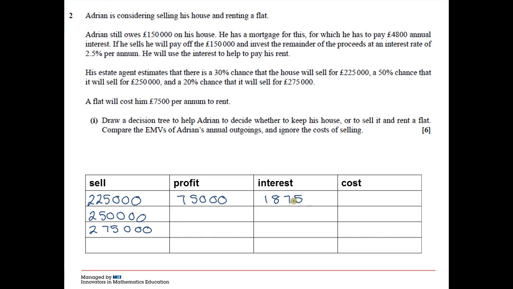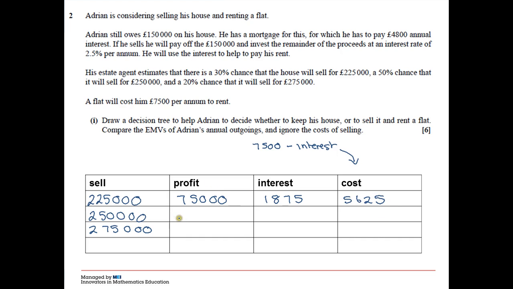So if he puts that towards his rent, which was £7,500, you'll get how much it will actually cost him here, and in this case that would turn out to be £5,625 each year.